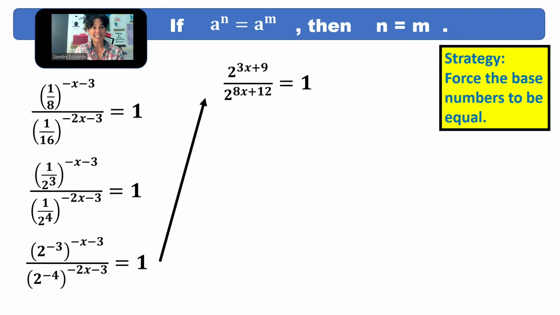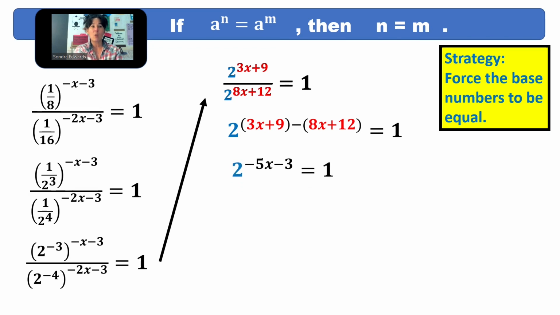We would have that. It may occur to you right here to multiply both sides by 2 to the power of 8x plus 12, and then we would have like bases. If that doesn't occur to you, we see like bases, subtract exponents. And then subtracting, so distribute that negative through, negative 8x minus 12, and combine. We now are kind of stuck with this 2 to a power, and the right-hand side we don't have as 2 to something.